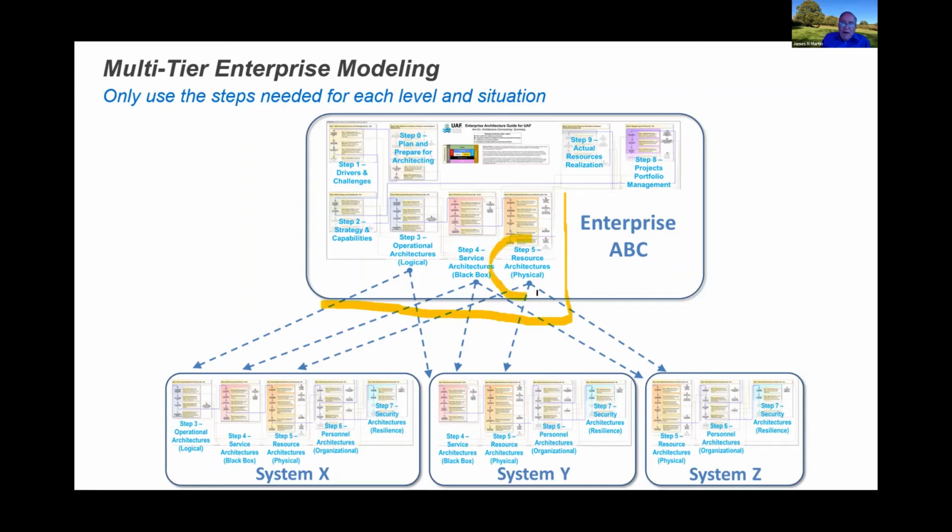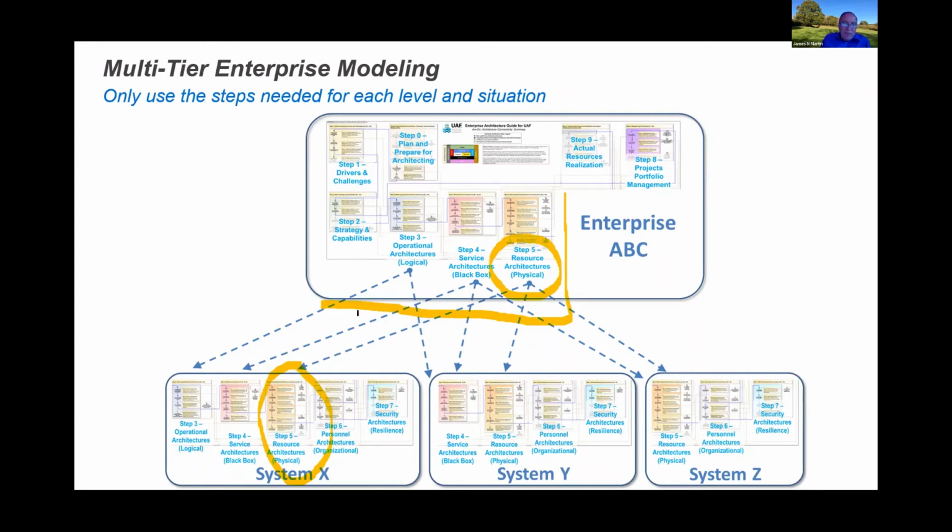And even when you define the resources, you'll probably only, at the enterprise level, define them at the top level. So you might say, we'll just define each system as a black box, only define the inputs and outputs, and may not even define what the subsystems are, because for this system, you want these system engineers to have maximum latitude and maximum trade space to deliver a more effective, cost-effective solution to meet the needs of the enterprise.